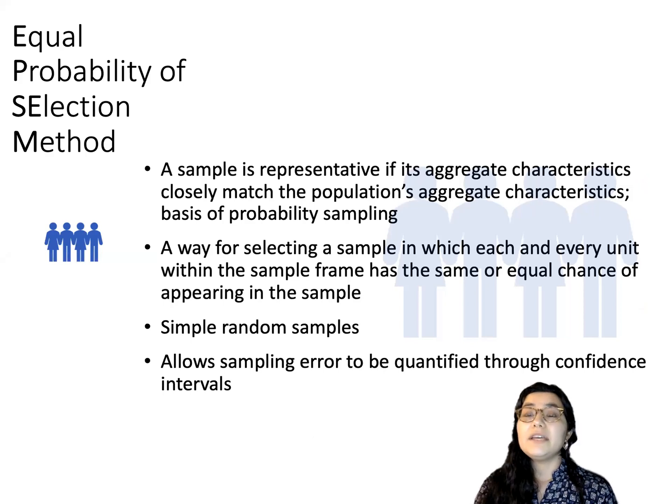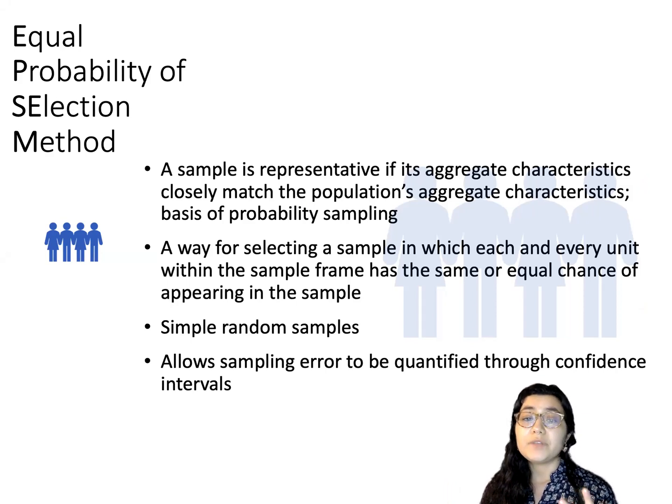So a big acronym that you really should know is EPSEM. It's equal probability of selection method. And so EPSEM ensures that we're doing probability sampling. It's the core component of it.